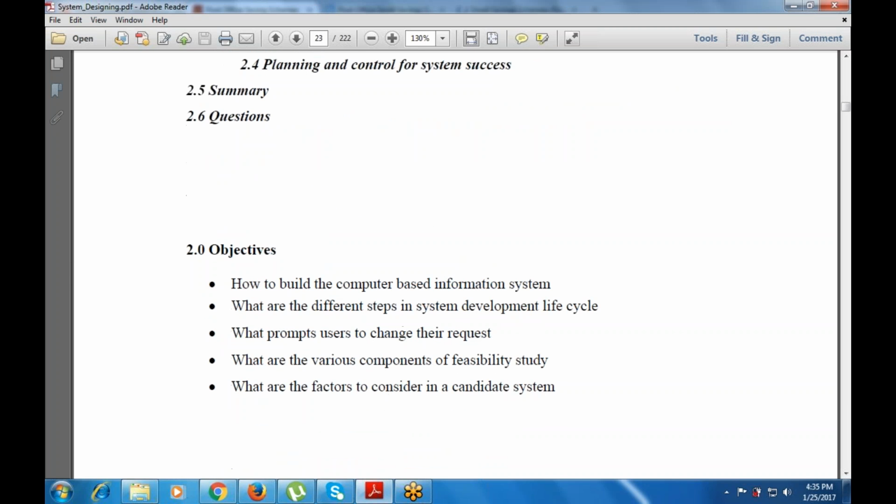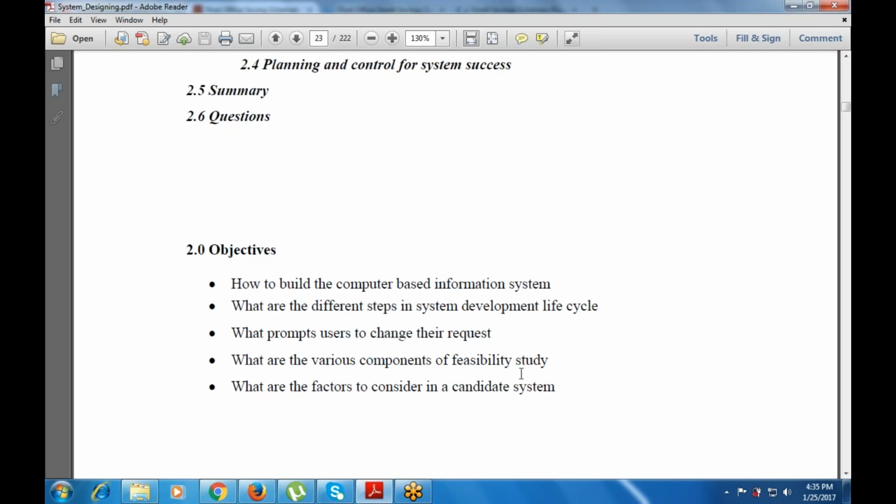Then summary and the question. So let's start with the objective: how to build the computer-based information system, what are the various scenarios, what are the various terms that is used in the computer-based information system. Then what are the various different steps that is used in the system development life cycle.